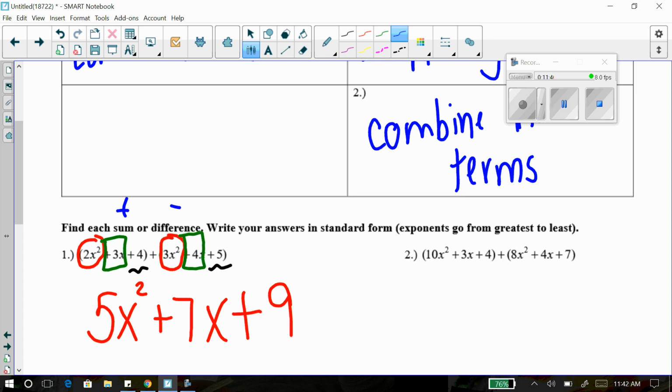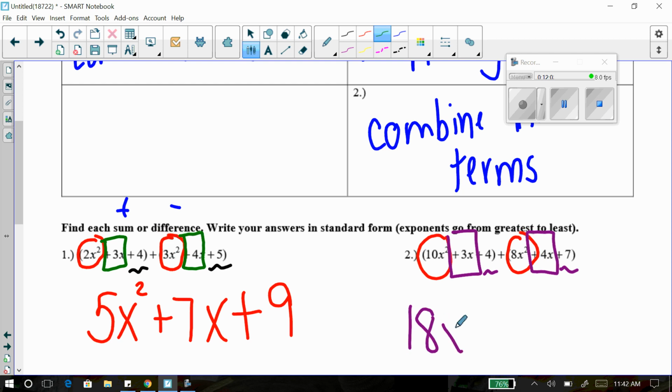All right, let's try number 2. I'm going to circle all my x squared terms. I'm going to put a box around my x terms. And I'm going to do a squiggle under my numbers. 10x squared plus 8x squared is 18x squared. 3x plus 4x should give me a 7x. 3 plus 4 is 7.